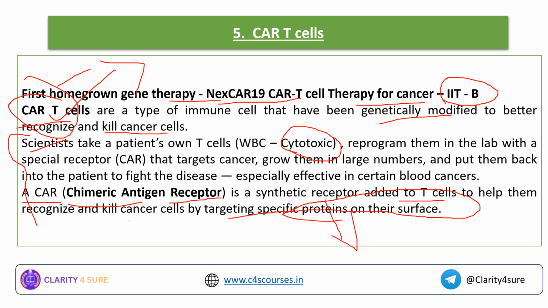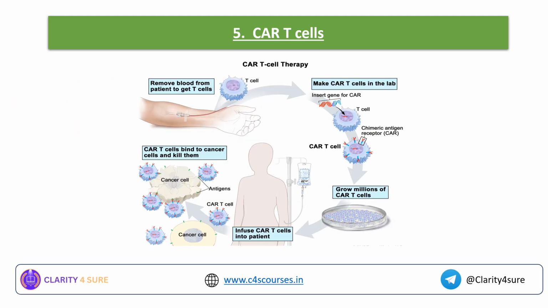The CAR cells will target that specific protein on the cancer cell surface, and kill that particular cancer. So here is the visual diagram of this particular CAR T cell therapy. See, T cells are collected from the blood of a patient, and a synthetic CAR gene, the gene of this chimeric antigen receptor, will be inserted into this T cell.